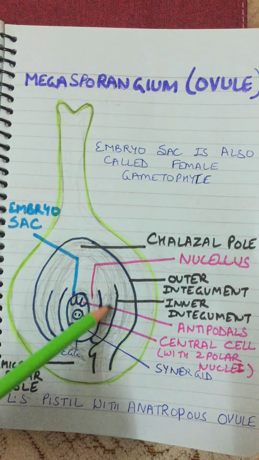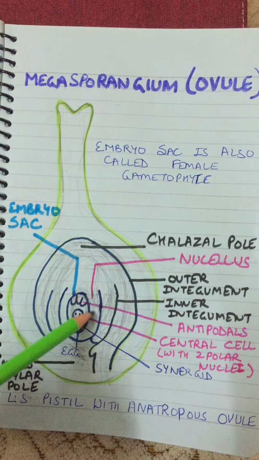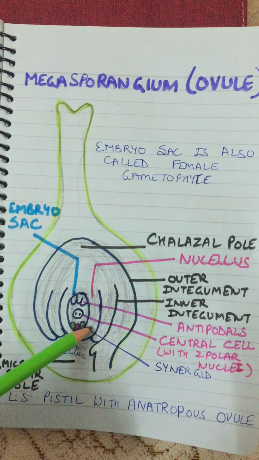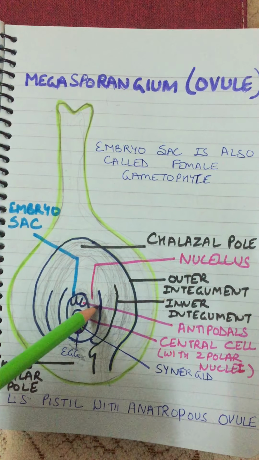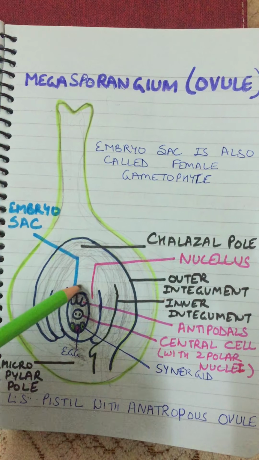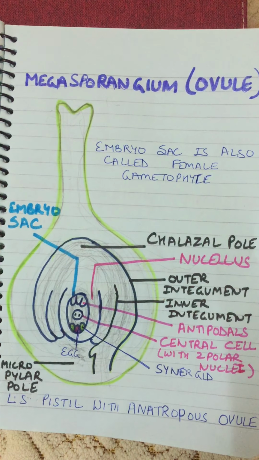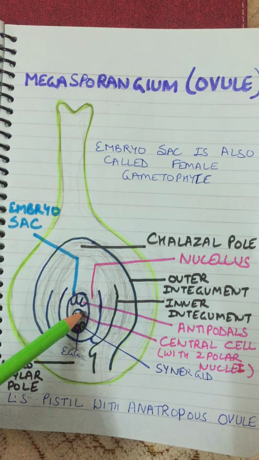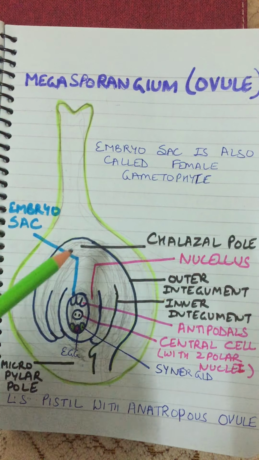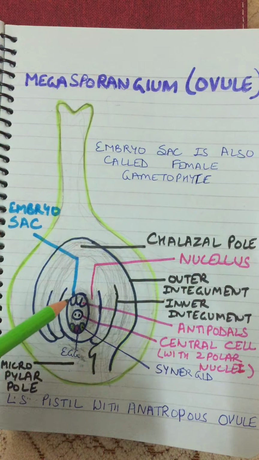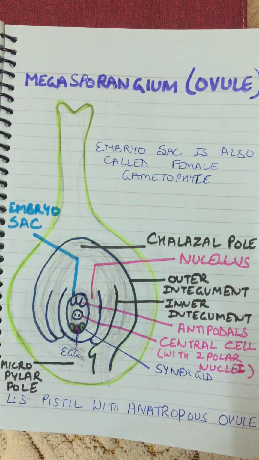Next to the inner integument, there is a cellular tissue called nucellus. And next to the nucellus is a 7-celled structure called the embryo sac. This embryo sac has 3 cells at the chalazal pole and all 3 cells are called antipodals.